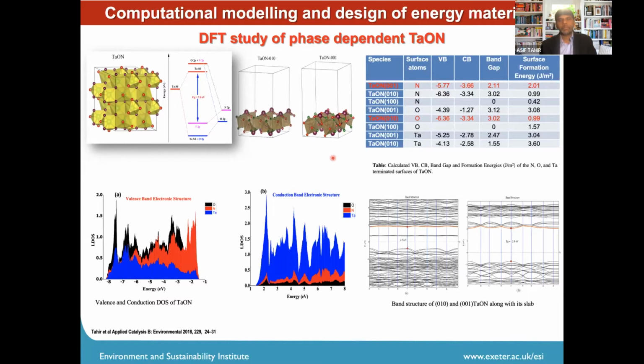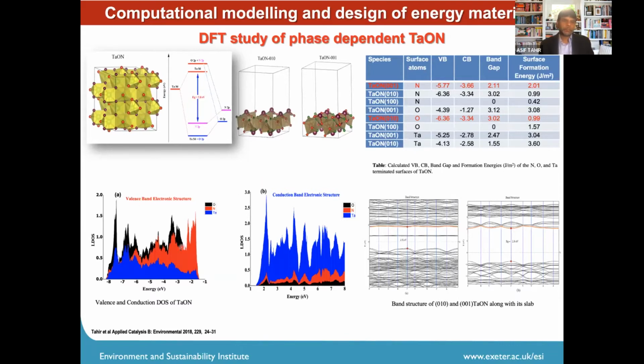If the material is terminated by oxygen, it will be partially negative at the surface, and when it is partially negative at the surface, it will attract more hydrogen ions or protons in the electrolyte or in water, and will proceed with the hydrogen evolution reaction more efficiently compared to if the material is terminated by other metal ions or surfaces.